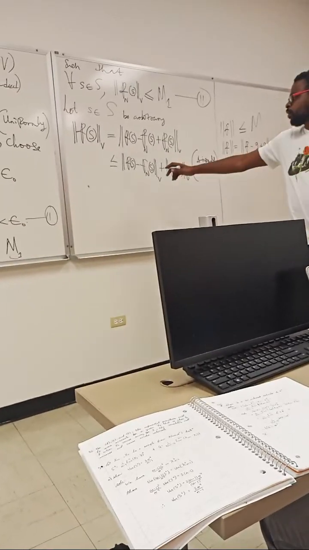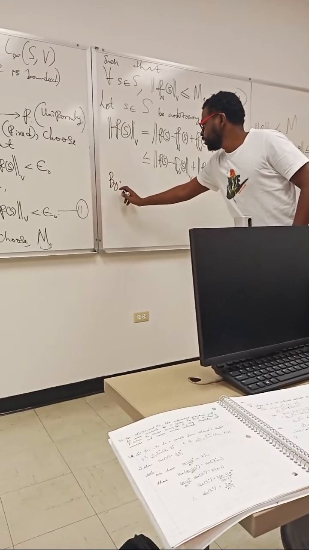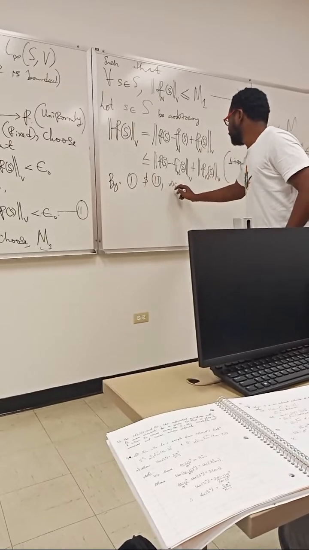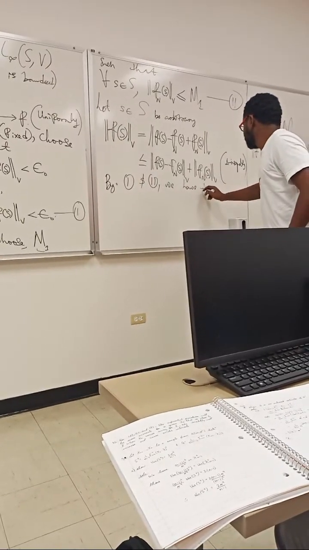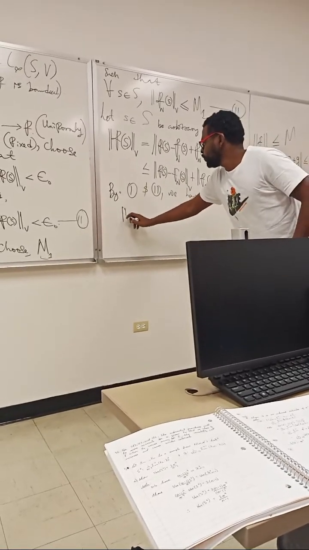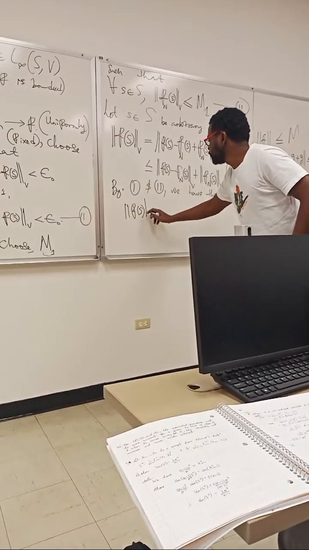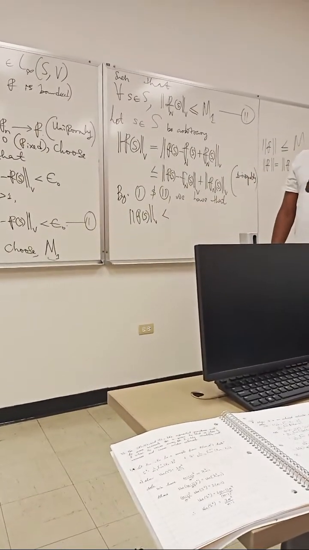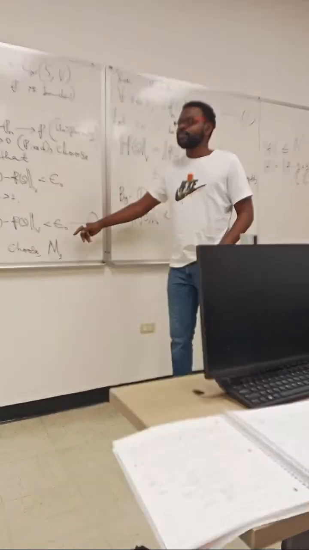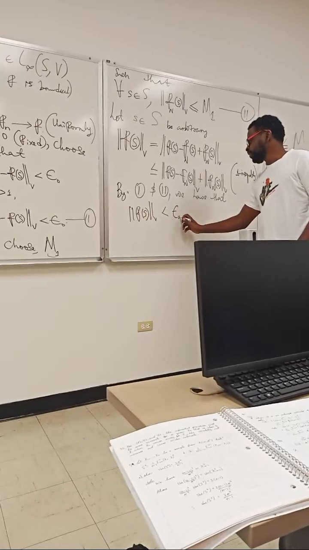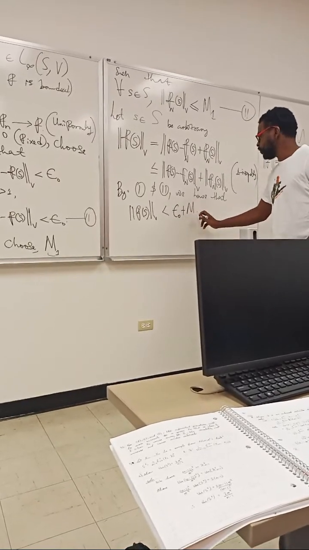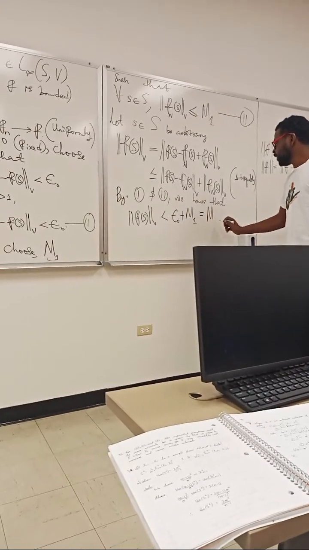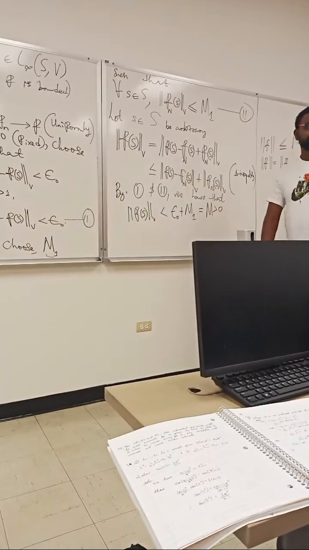So by 1 and 2, we have that the norm of f of x is strictly less than epsilon naught plus M1, which I can define to be the N that we are looking for, and of course this is positive.